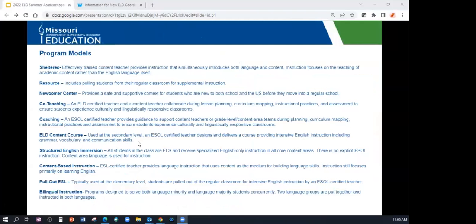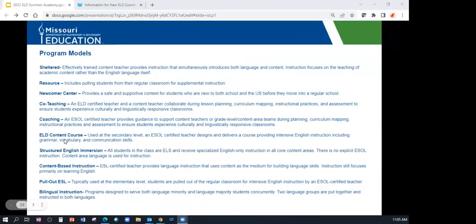In Missouri, I think there are 10 programs that we identify in core data. The first one is sheltered instruction, then a resource classroom where you just pull them from regular instruction for supplemental instruction. You could have a newcomer center, you could do co-teaching, you could have a coaching model.